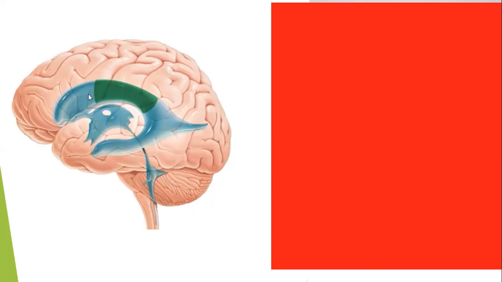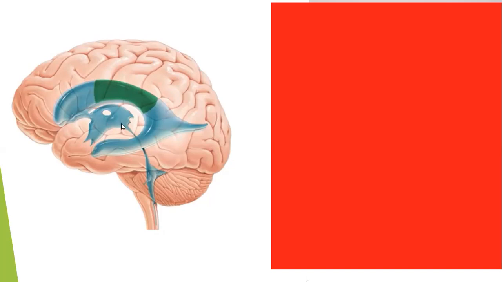Now the two are going to have some extensions which come together and coalesce and form another hollow space in the middle. So we talk of the first and second ventricles, then we have the third ventricle here, which is a hollow space within the brain, and it links the first and the second together.